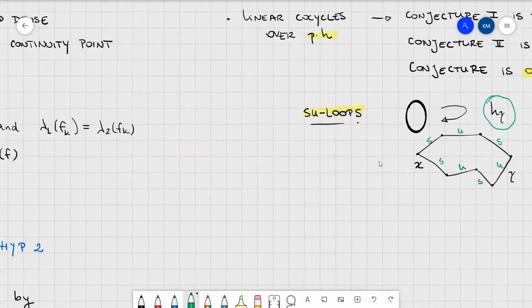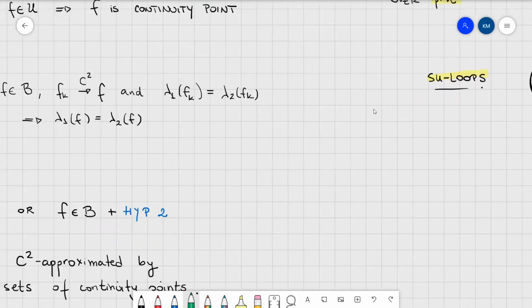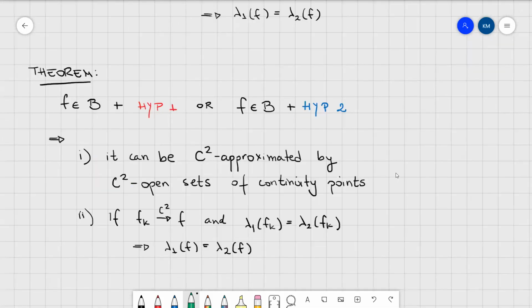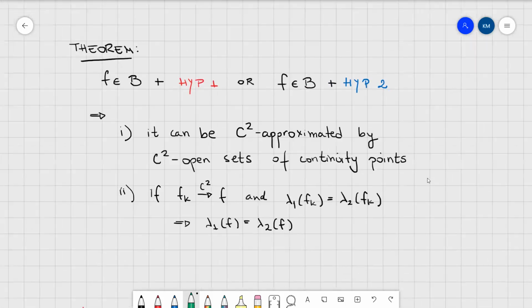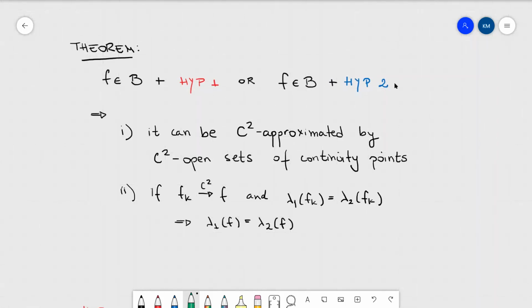So let me state the theorem here. I'm going to say in a minute what this means, and I'm going to give the precise reference for the theorem. But what I'm saying is I'm in my set B, and I'm going to impose an extra condition that I'm calling hypothesis 1, or I'm going to impose another condition that I'm going to call hypothesis 2, sorry.